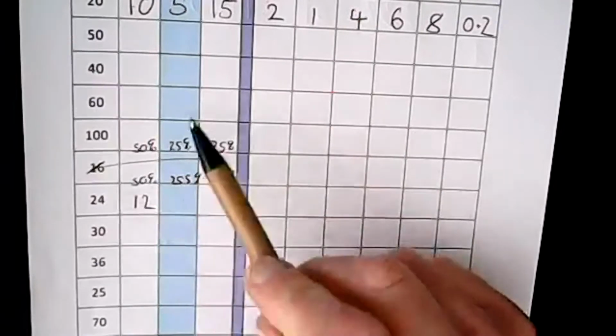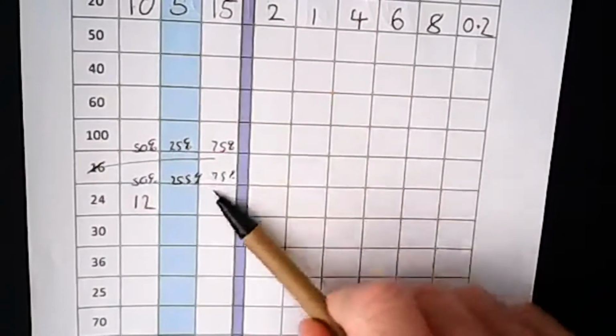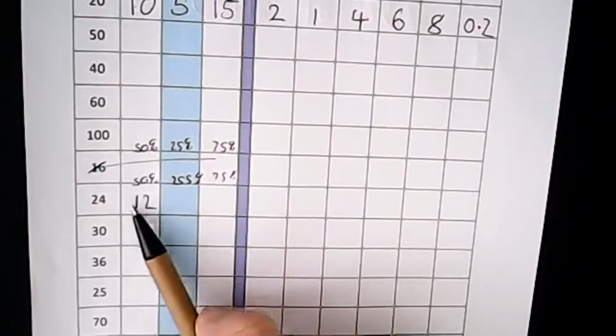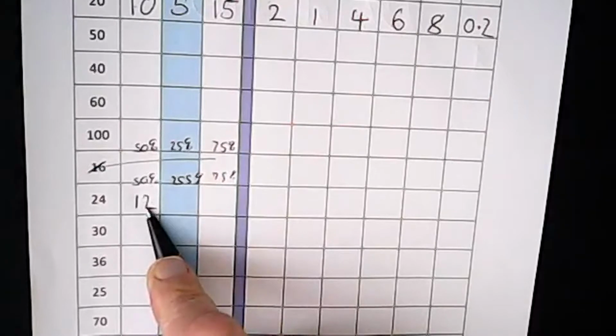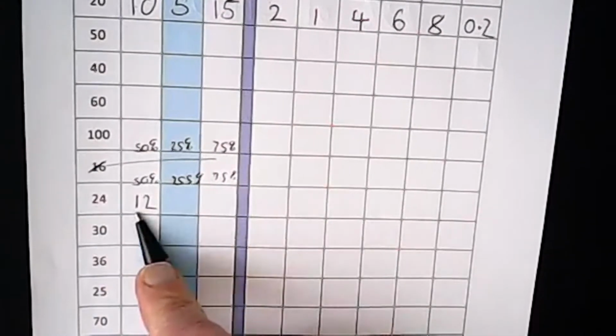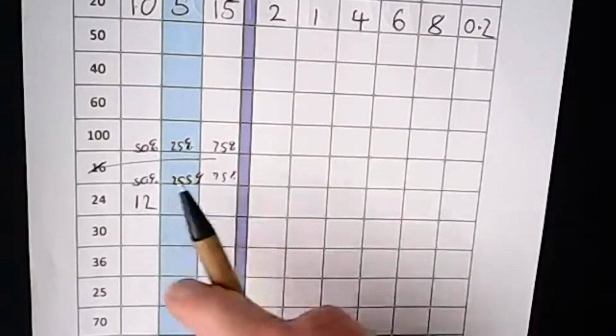Okay. To get the quarter now, 25%, the shortcut is a quarter. Now we've already got some more information here to help us. We know that half is 12, so we could divide 24 by 4 in one go, but this 12 is a little bit of a clue because a quarter is a half and a half.